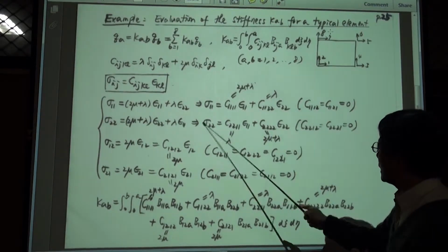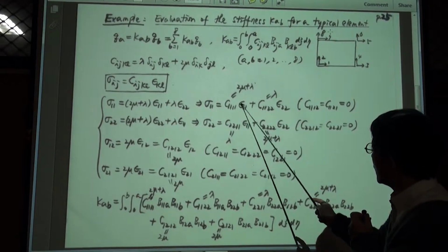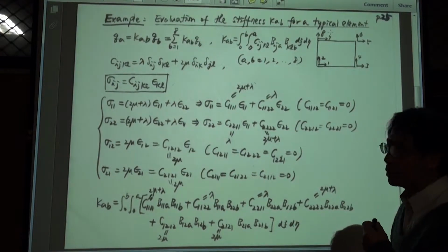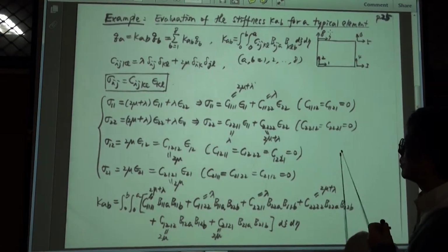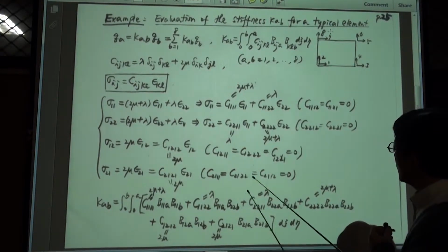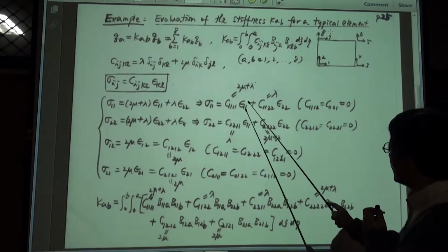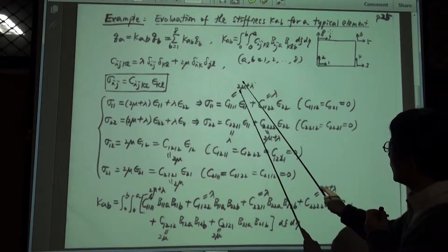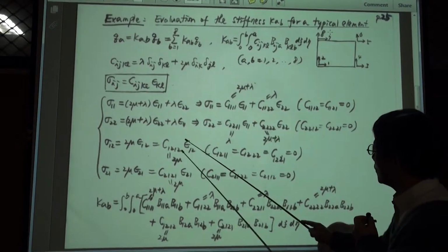In this way, we can determine all the non-zero and zero material constants. Once we do this, we find that we have only 6 non-zero terms: 1, 2, 3, 4, 5, 6.